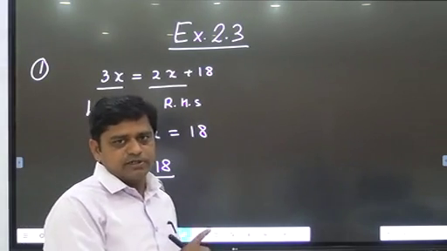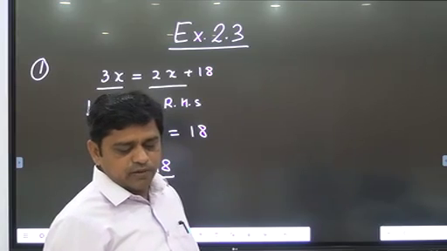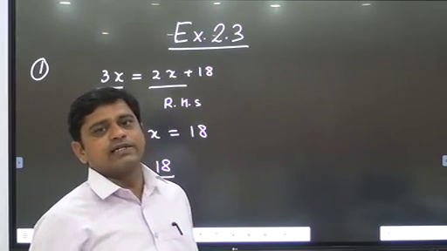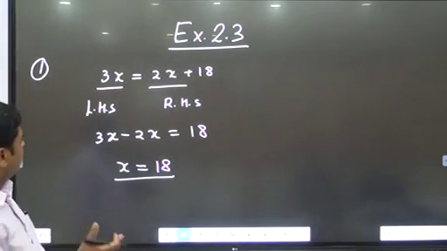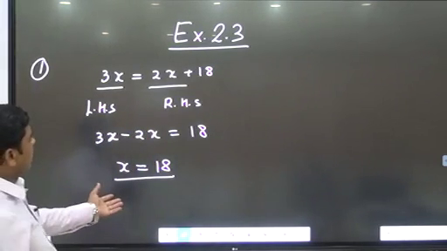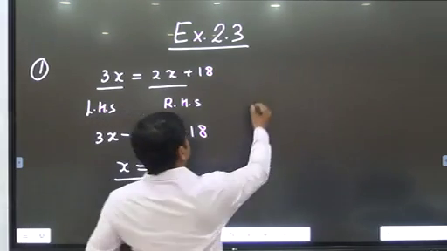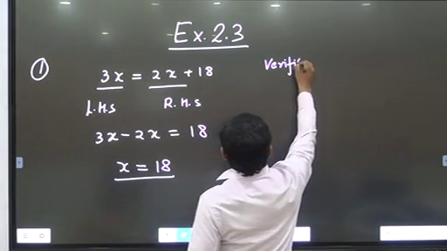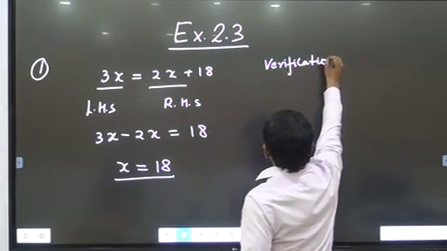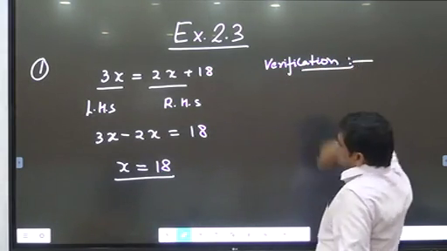But the question is not complete now. It says solve the following equations and check your result. So check the verification of the result. So I am going to verify it. So write here verification, or checking the result.